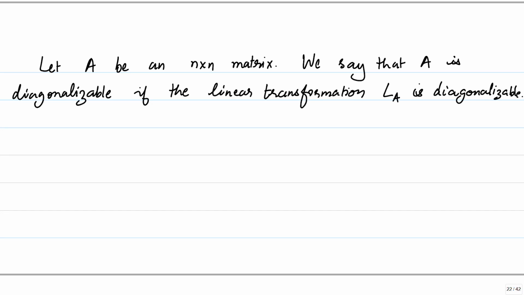And what is L_A? L_A is the linear transformation corresponding to A. If you look at the matrix of L_A with respect to the standard basis, we will get back A, but A need not be diagonal. However, if we could get hold of some basis of R^n with respect to which the matrix of L_A is diagonal, then we say that A is diagonalizable.